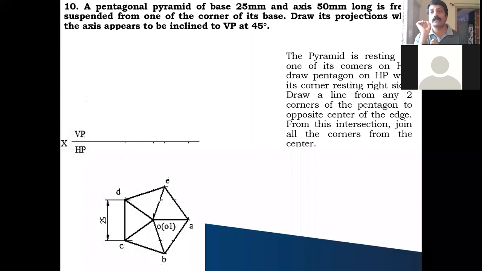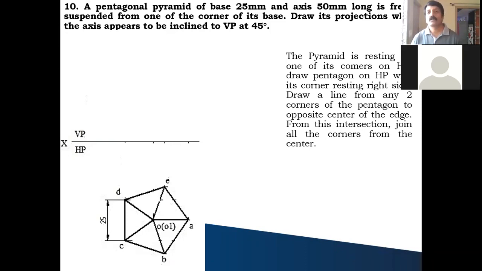For freely suspended type of special problems, you have to consider the corner condition only, because at the corner only can I suspend it like this. It is hanged or suspended at the corner like this in space. So for all freely suspended examples, you have to take the corner condition only, and with this position we have to draw the projection.